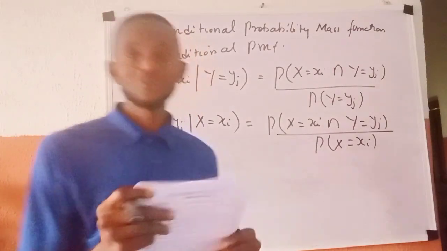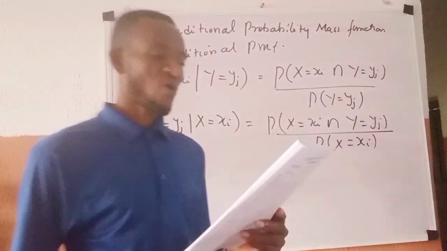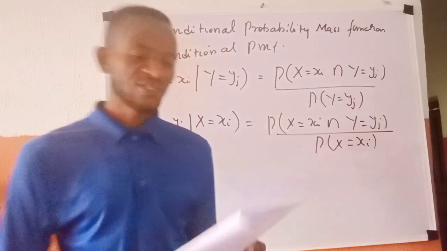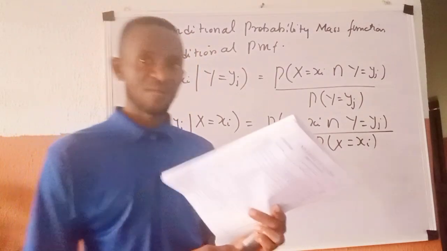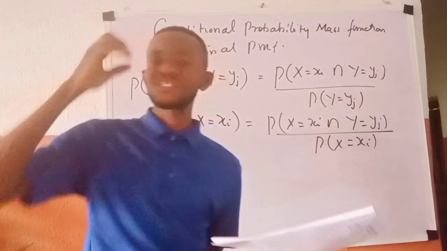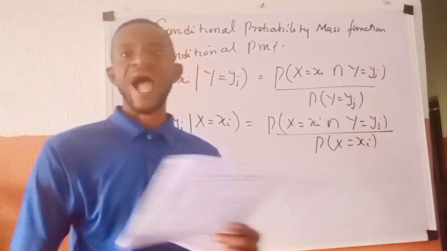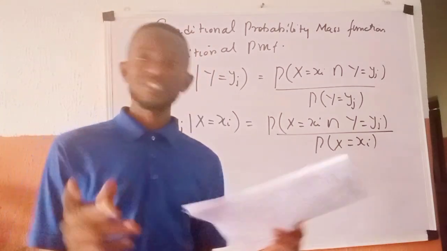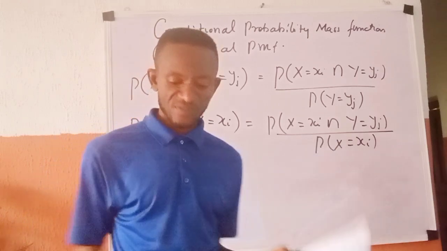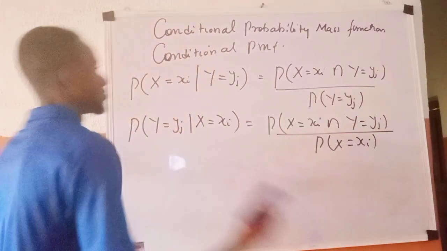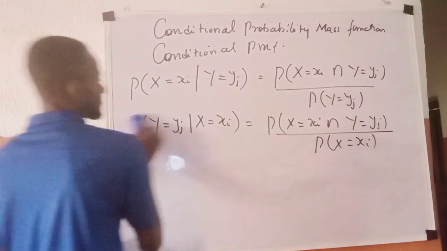And that next one is what we call the independence of the bivariate discrete random variable. When do we say that these two random variables involved in the bivariate random variable are independent? That's what we are going to go over. So permit me to clean here.